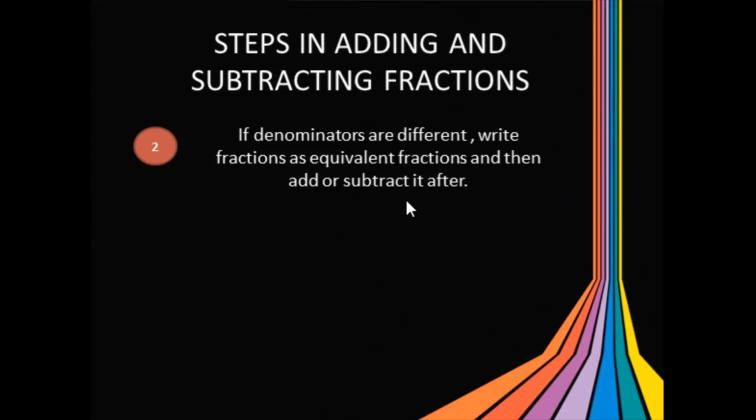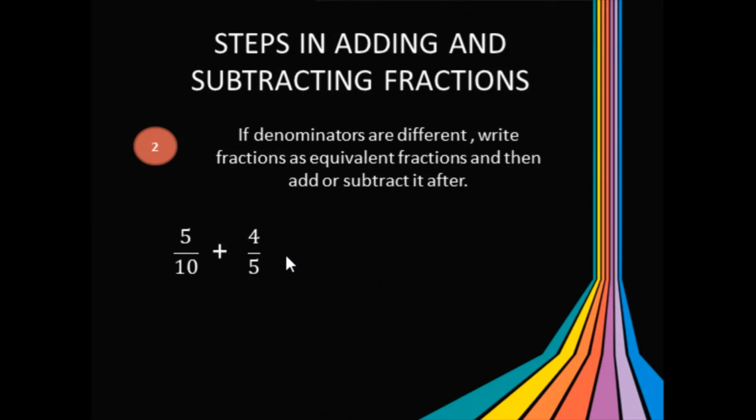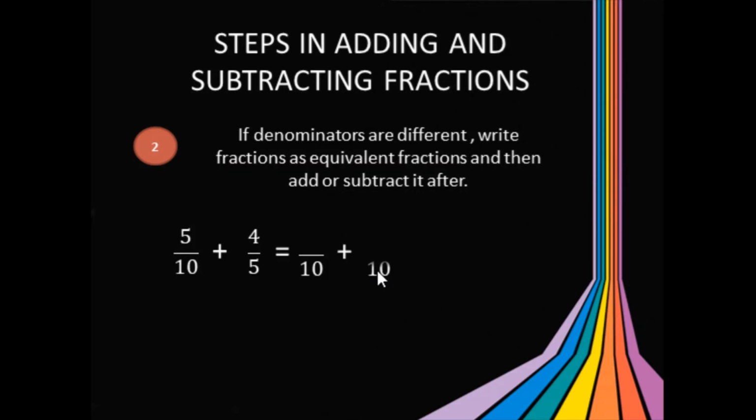So what happens now is we need to change first into equivalent fractions. So we need to find again their common denominator. What do you think is the number that can be divisible to these two denominators? We can have, okay, we can have 10 as our denominator. So we have 10 plus 10.